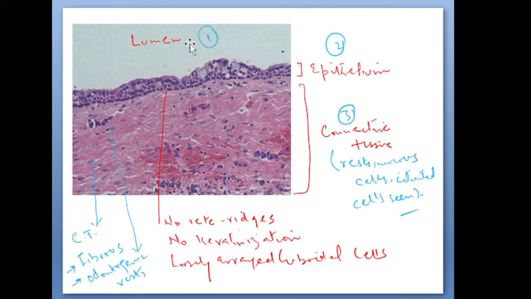Picture shows lumen, then this lumen is lined by epithelium composed of loosely arranged cuboidal cells. We are seeing here that there is no keratinization and there are no rete ridges between epithelium and connective tissue.